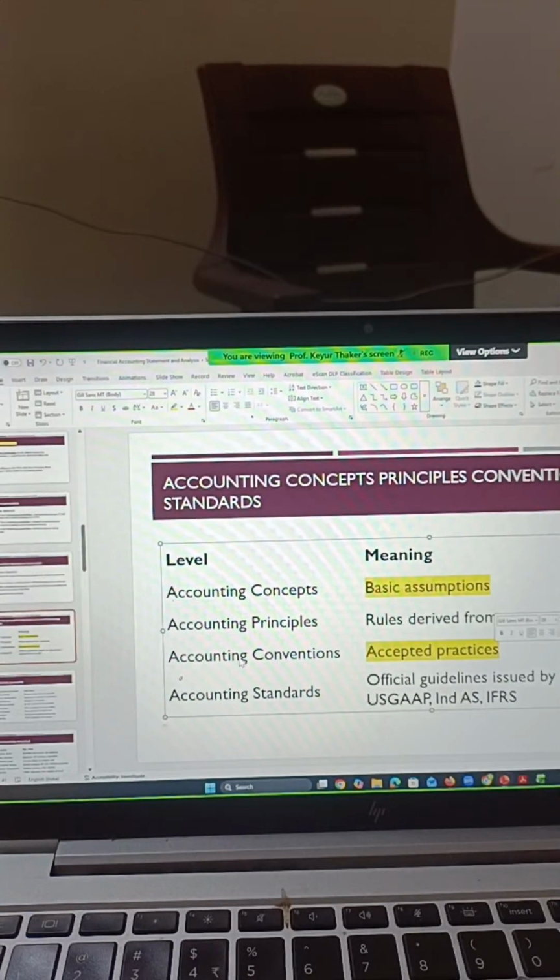And we have adopted accounting convention or practice as per the economic and other contextual assumptions of our country. And an accounting standard is an official guideline issued by the authorities.